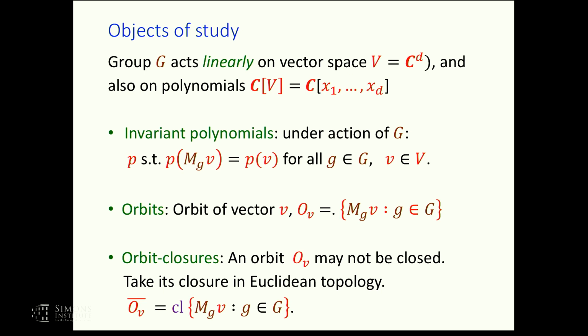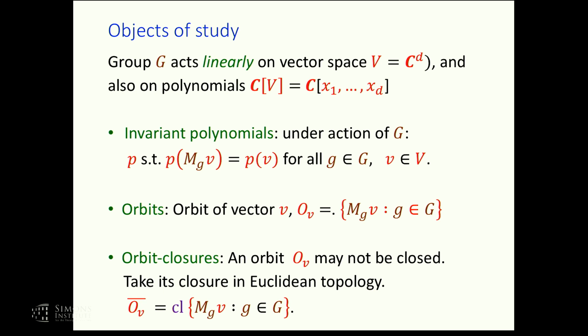The second is orbits. For orbits, you start from a vector and you apply all the group elements to it, so you get everything you can reach using the group. And this is called an orbit, represented by O sub v for a vector v. And it will be very important, because we are working over the complex numbers, over any continuous sort of field, that we look at orbit closure.